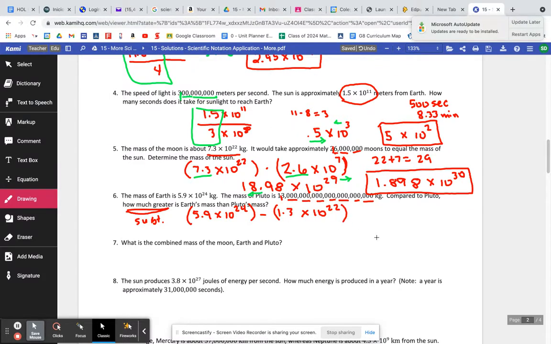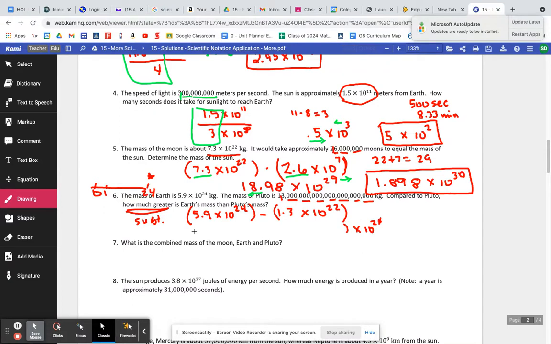So there we have it in scientific notation. I need to make them the same. So I'm going to, on the number line here, go for 24. So here's 0, 1, 2, 3, 4, 5, 6, 7, 8, up to 24. So my goal is going to be 24. So I want this to be times 10 to the 24.